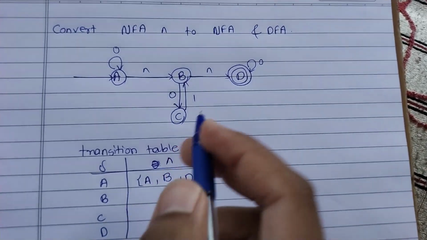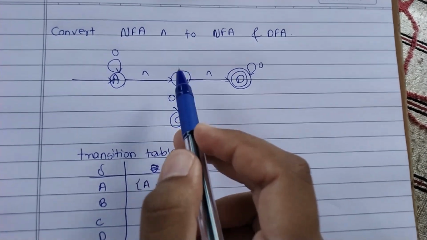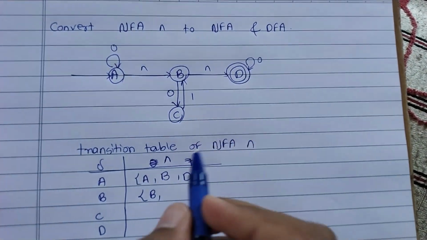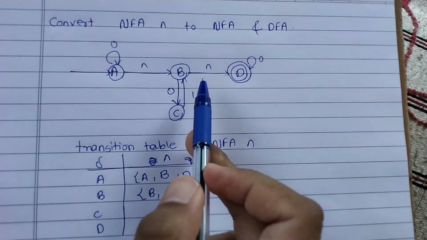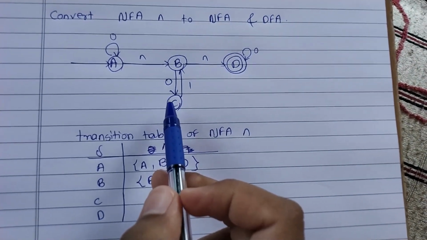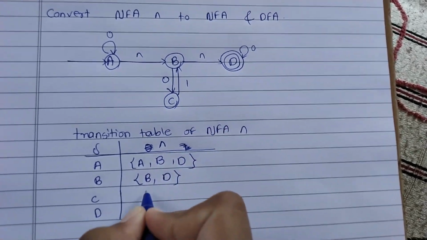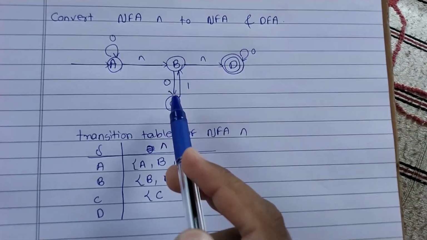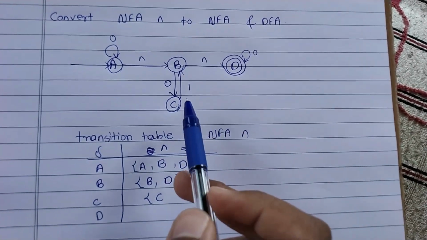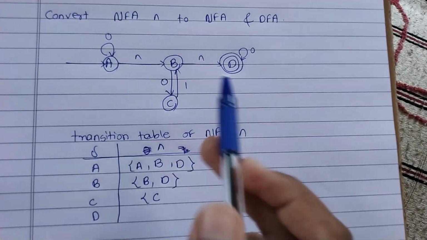Now we see B. So B first transfers null to itself, B, and then for the D we see a transition. Then C. So C first transfers to itself, C, and no transition passes through the C. No null is passed or read by any other state.